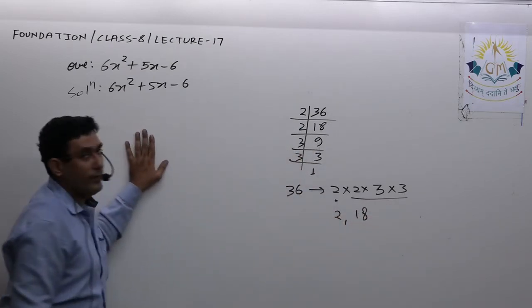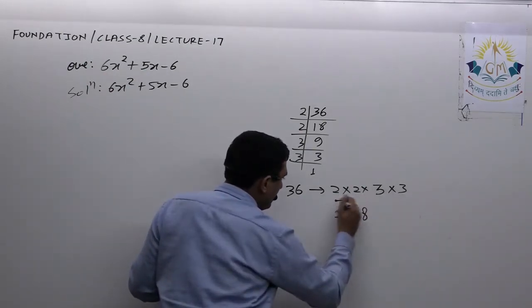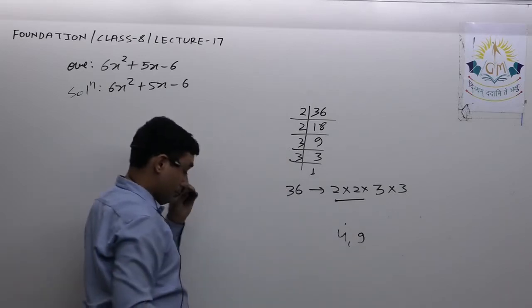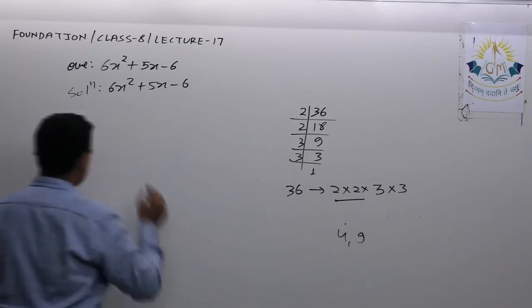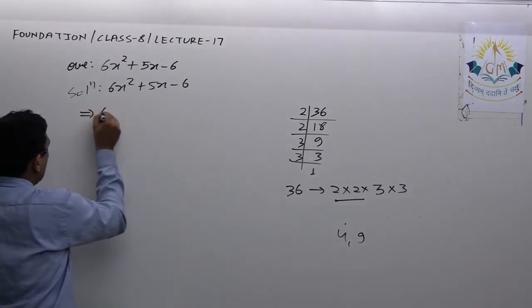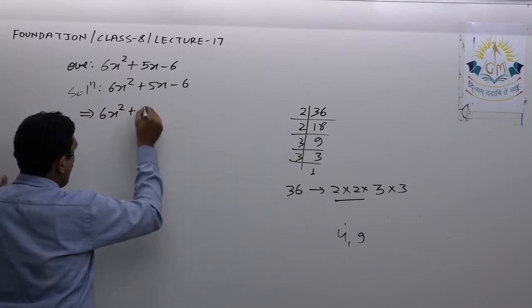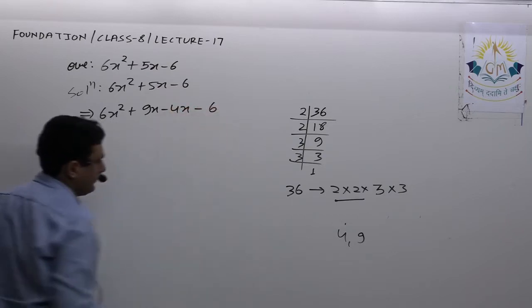Definitely the sum is not 5, nor is the difference 5. But if I take these two, that is 4, and this 9, then definitely the difference will be 9 minus 4, that is 5. So here I can write 6x square plus 9x minus 4x minus 6.